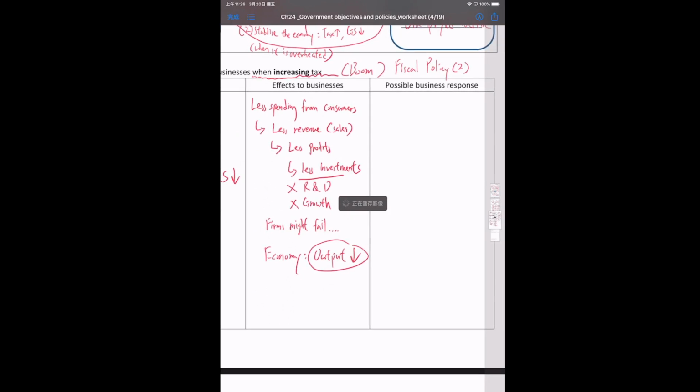So Margaret has a good point. Decrease the price of the products, because we want to try to attract more sales. So we might try to decrease the price of the product.